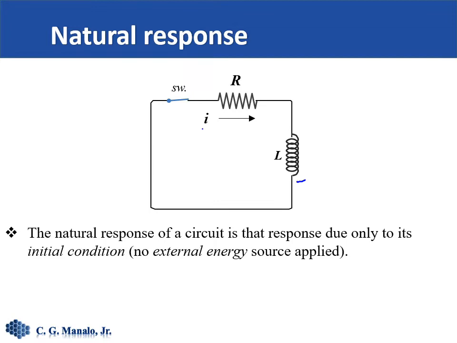This response can come from any stored energy in the elements when the switch is closed. For this specific circuit, this could come from whatever energy stored the inductor has when the switch is closed.